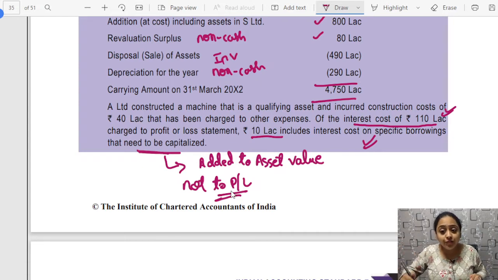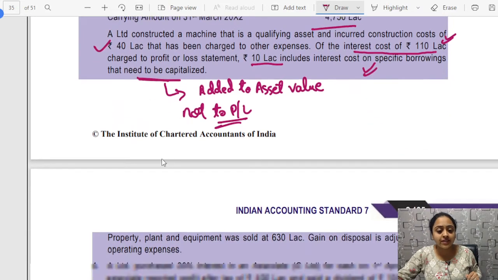So if such particular 10 lakh interest should be added to the asset side, debited in the asset itself, then you need to reverse it from the P&L. There has been construction cost of 40 lakh. This is investing activity. So the 40 lakh will be moved towards investing activity.